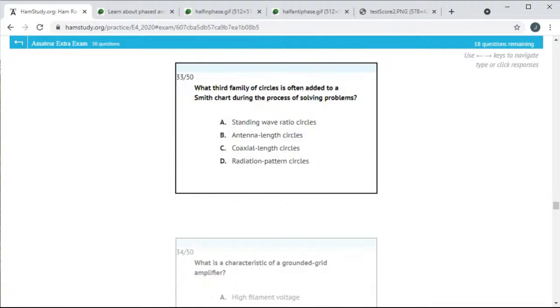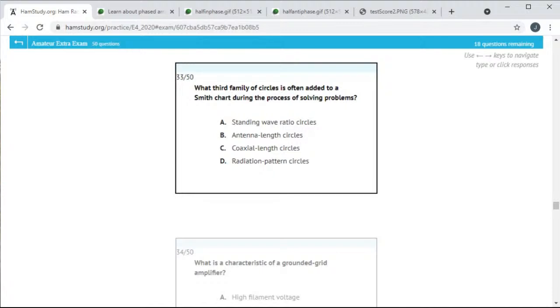What third family of circles is often added to a Smith chart during the process of solving problems? A, standing wave ratio circles. B, antenna length circles. C, coaxial length circles.